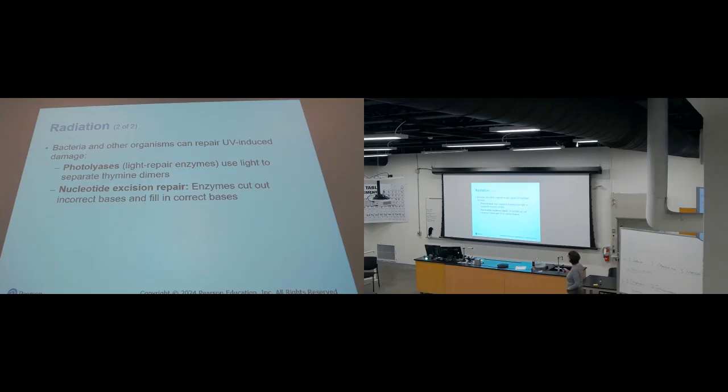So we have photolyases that use light to separate these thymine dimers. And then we have nucleotide excision repair, which are enzymes that can basically cut and paste. So they cut away whatever is mutated, and then they put in the right nucleotides.